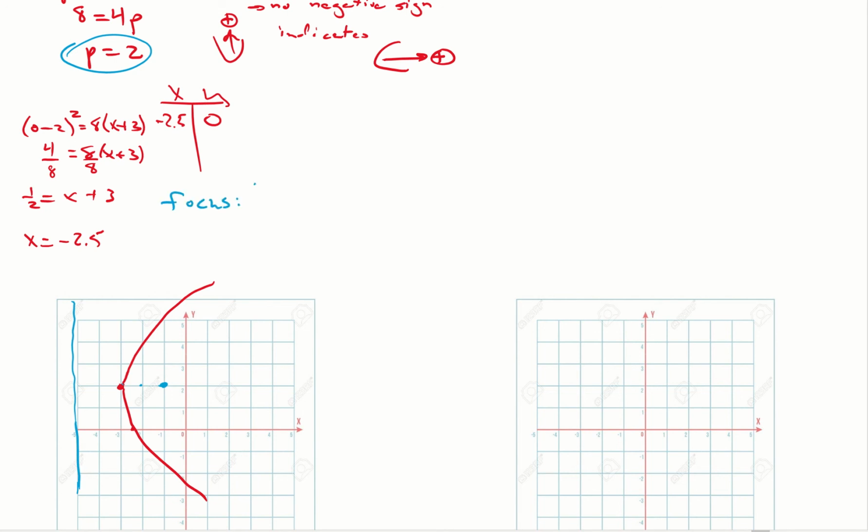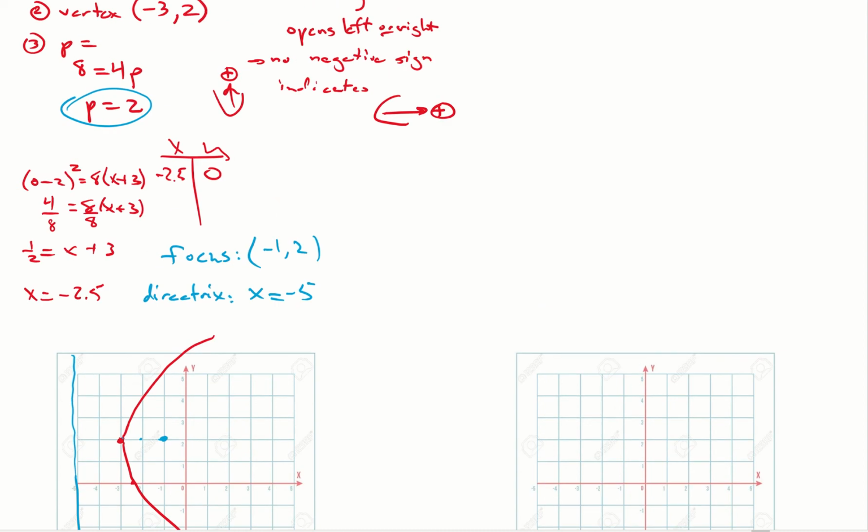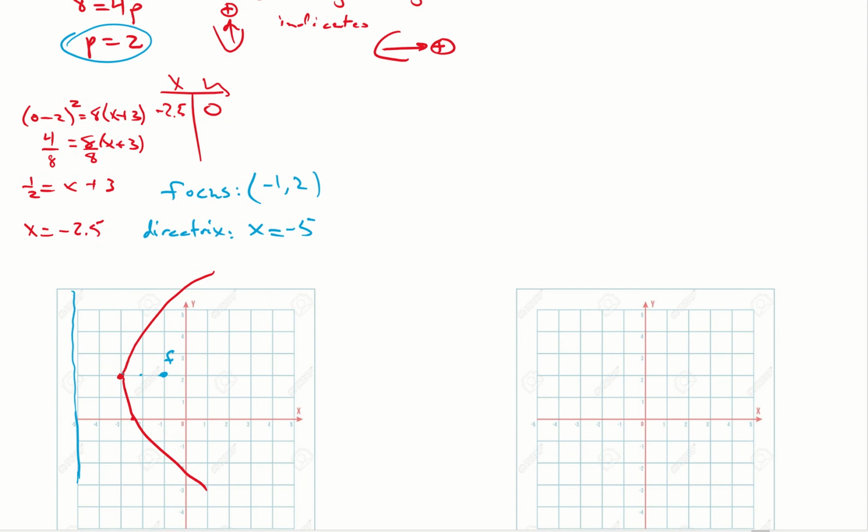The focus looks like it's -1, 2. And the directrix is looking like x this time. X is a vertical line, -5. And I think we're done. Got the focus here, the directrix there, and the vertex in the middle, and there is your parabola. Okay, asking a lot of stuff.